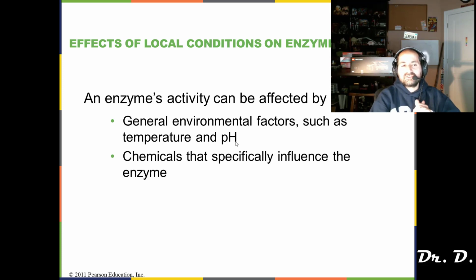Now, what you do need to understand is real quick, this is actually an interesting point. Not all enzymes work at the same temperature at the same pH. I just want you to realize that. For example, look at your own body. You guys know how you have enzymes in your stomach? You have a bunch of enzymes in your stomach that help digest your food.